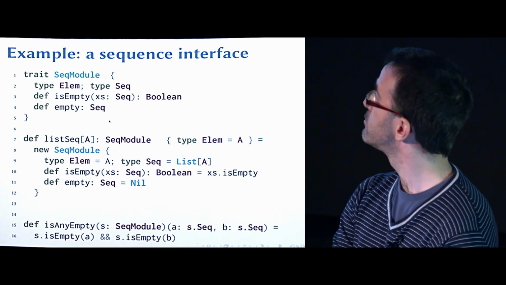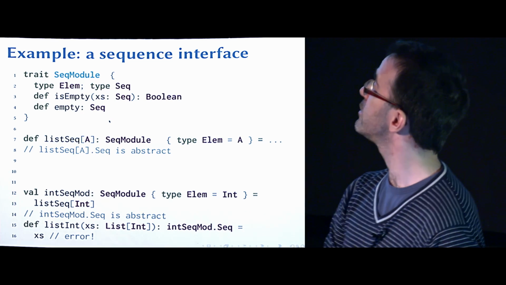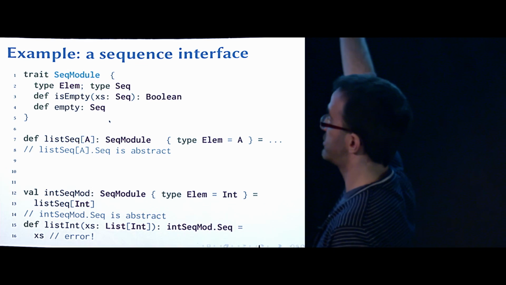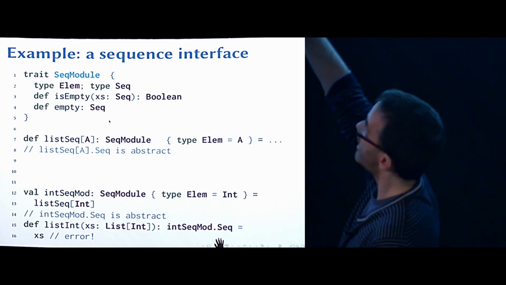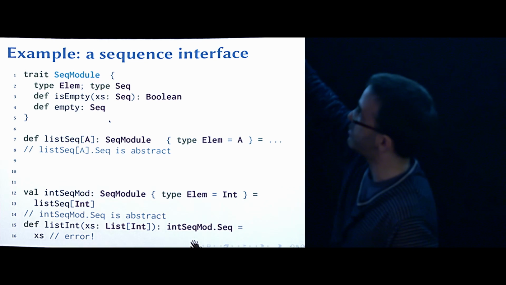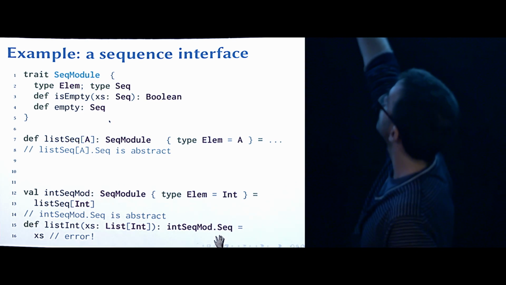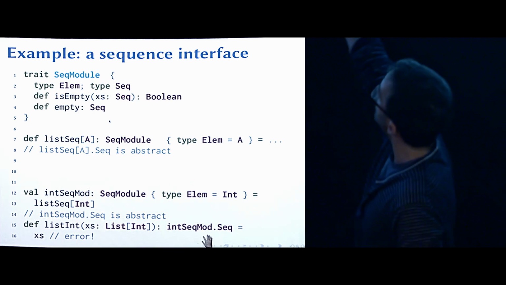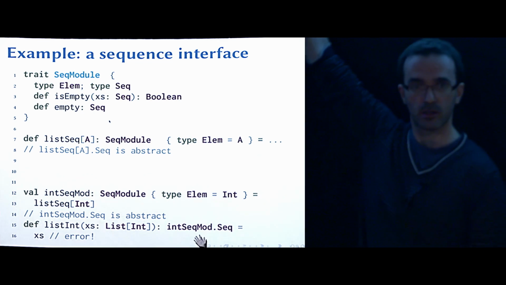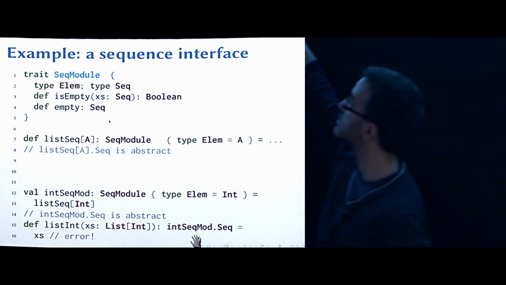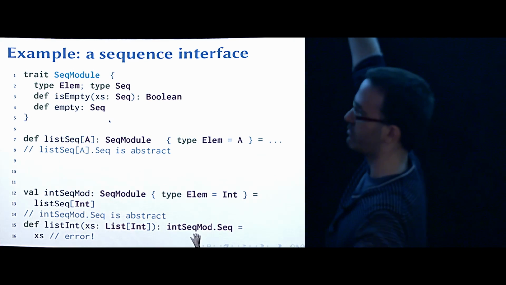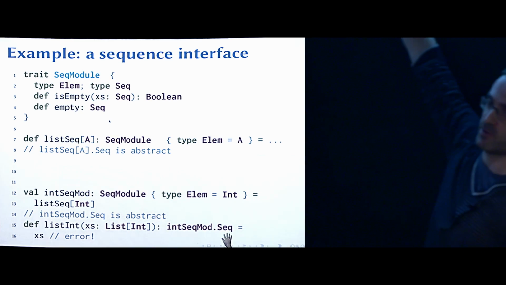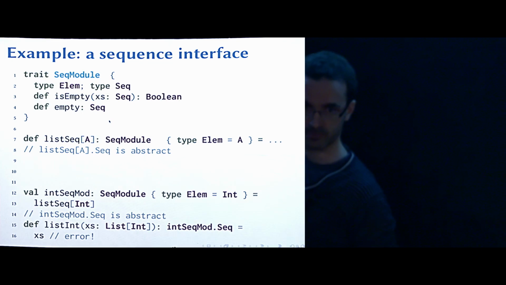The other thing that we need to see in this example is just to reinforce the point that the type of sequences is abstract. So from outside, if we create an implementation of this sequence and we try to use it, I said that values have object and type members. So objects have value and type members. So here, this type will correspond, in fact, to a list of Int.